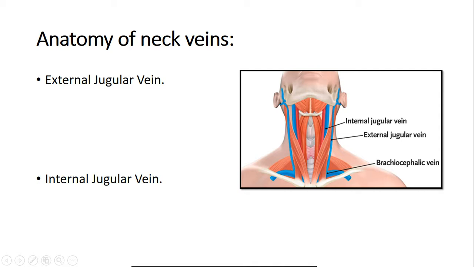The internal jugular vein is the continuation of the sigmoid sinus.